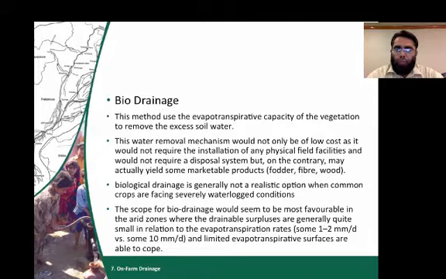But this biodrainage is most favorable in arid zones or areas where drainable surplus are generally quite small in relation to evapotranspiration rate. At low evapotranspiration rate, for example, 1 to 2 millimeter per day, and limited evapotranspiration surfaces are there.